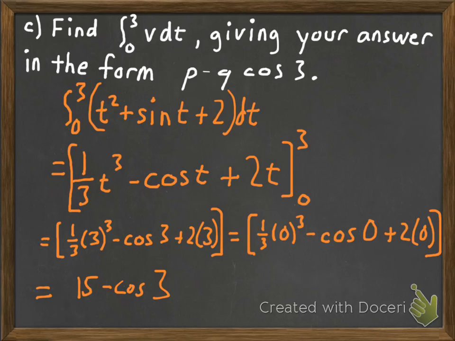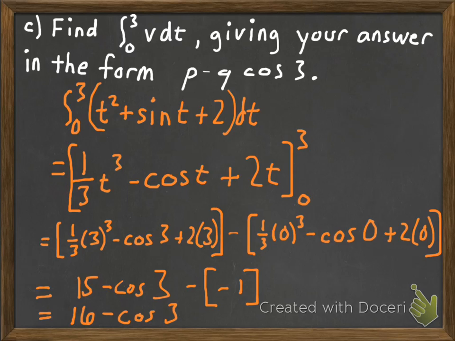And then we're going to subtract 0 minus the cosine of 0 plus 0. All right, so these two terms go away. The cosine of 0 is 1 though, so we have minus negative 1. And then finally, that's going to leave us with 15 minus negative 1 is 16. 16 minus cosine 3. So that's in this form right here. The P is 16. The Q is -1.